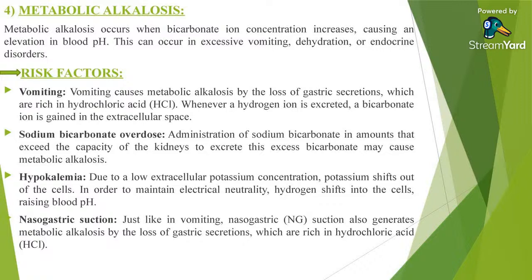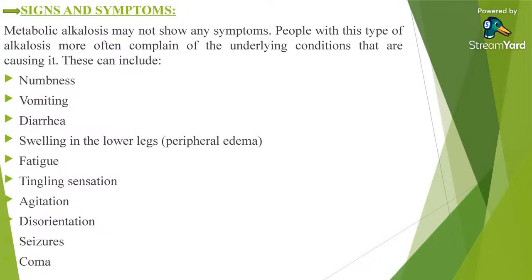Nasogastric suction. Just like in vomiting, nasogastric suction also generates metabolic alkalosis by the loss of gastric secretions, which are rich in hydrochloric acid. Signs and symptoms for metabolic alkalosis: people with this type of alkalosis more often complain of the underlying conditions that are causing it.